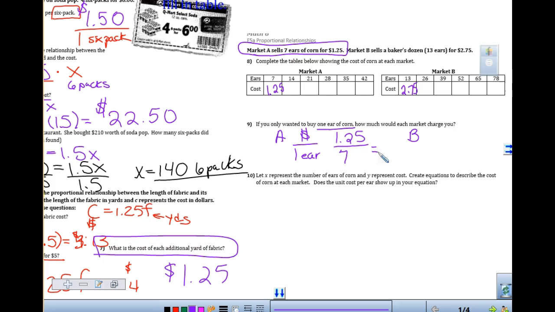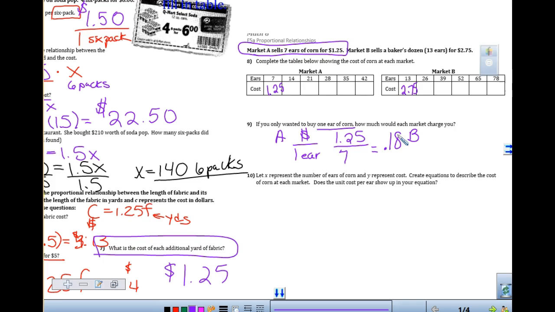If you didn't do yours, do this. If you didn't write it down, write this down. When it says buy 1 ear of corn, how much is the cost? What'd you get for me? 0.178. So 0.17 or 0.18? I'd take either one.